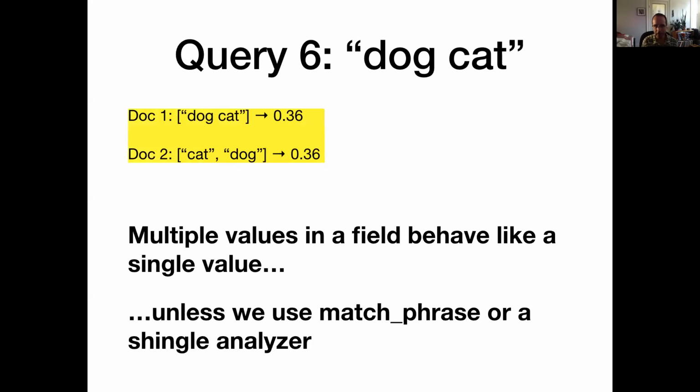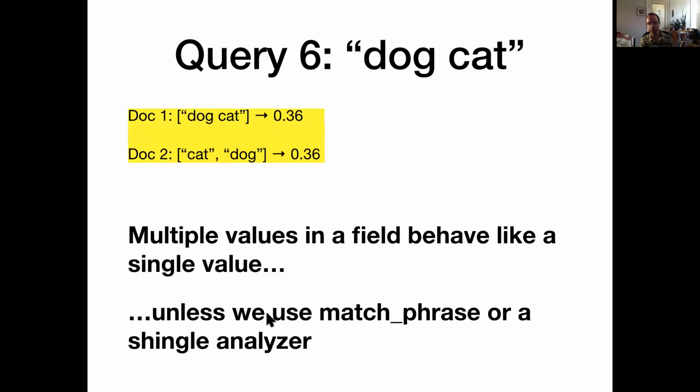In this example, again with the simple setup using the standard analyzer and a match query, multiple values in a field behave like a single value. Document 2 has a list of tokens which are cat and dog. Document 1, this value is broken up by the standard analyzer into 2 tokens. So from the perspective of matching, documents 1 and 2 both have 2 tokens, 1 cat token and 1 dog token, and the scores end up being the same.